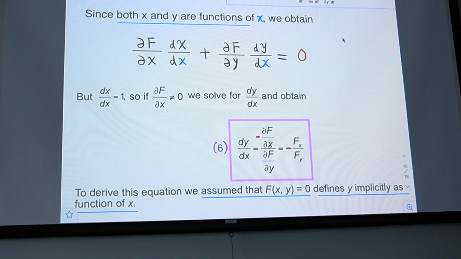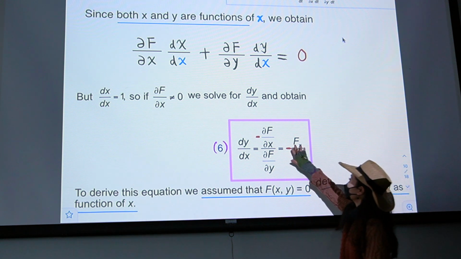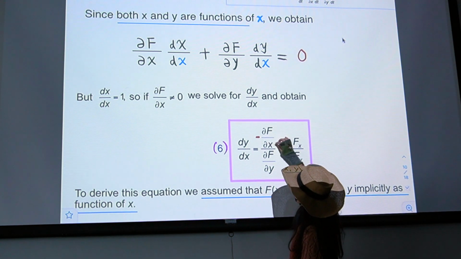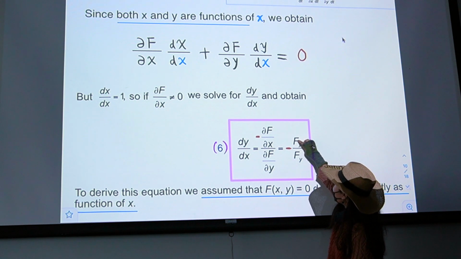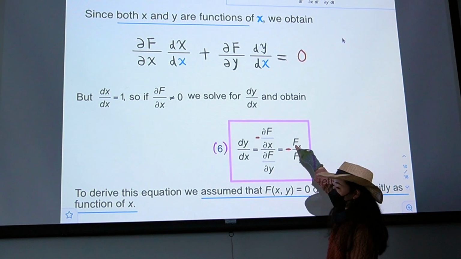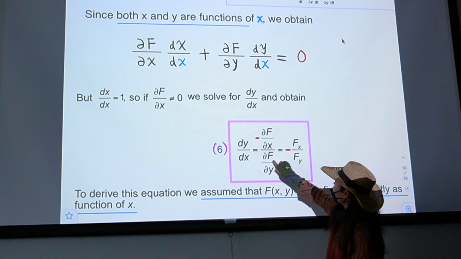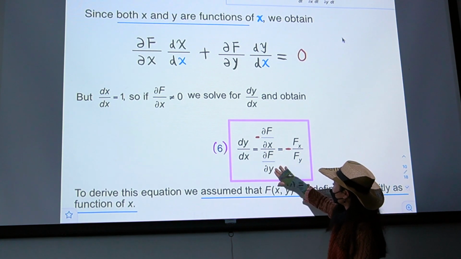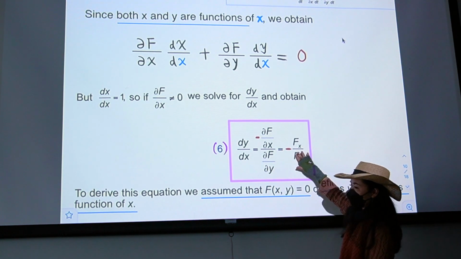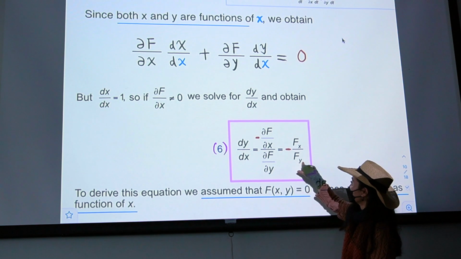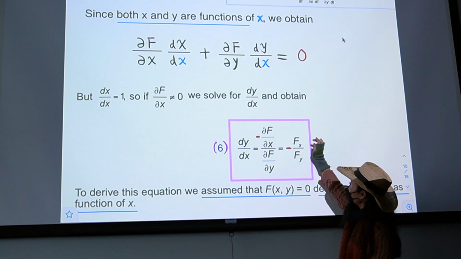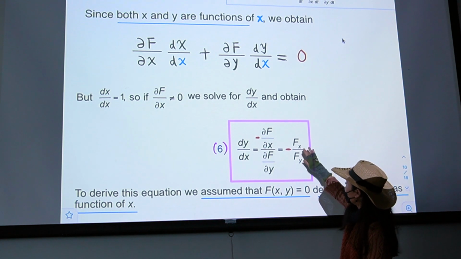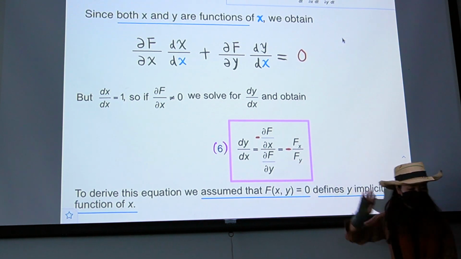In short notation, this is partial f partial x, the partial derivative of the function with respect to x. This partial f partial y is the partial derivative of the function with respect to y. So in short, dy/dx is negative fx over fy.